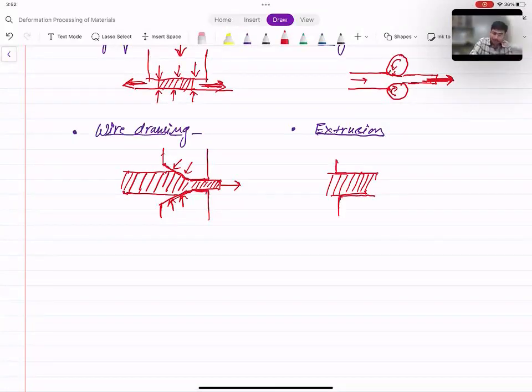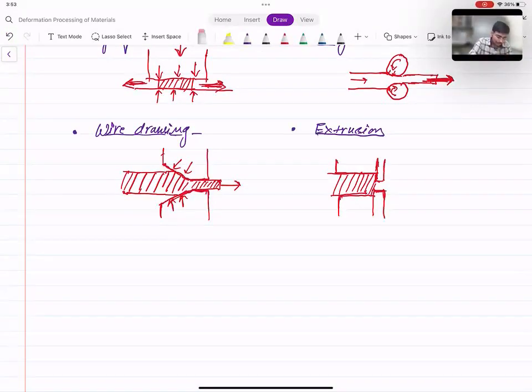Okay, and these are dies. This is the opening from which metal can flow, and the remaining portion is blocked by these dies.